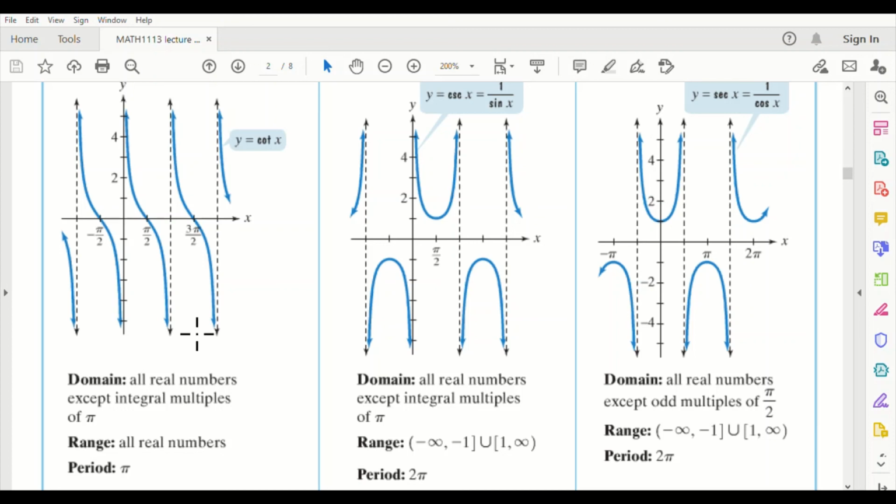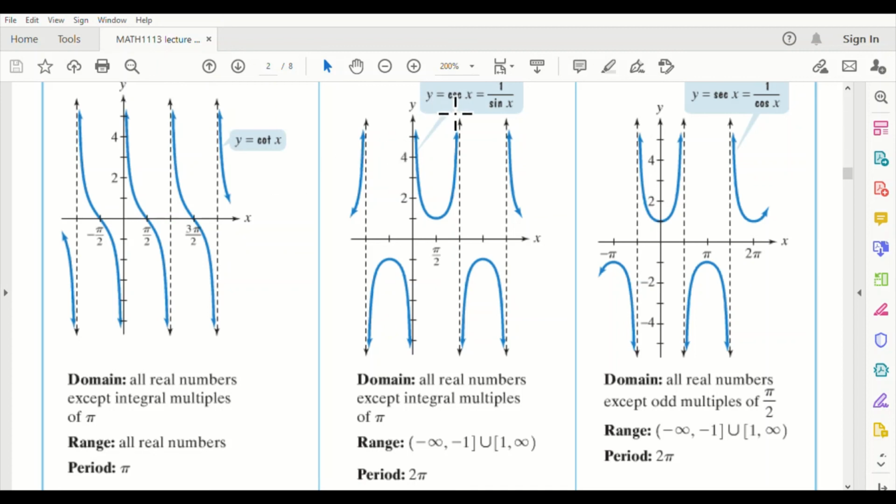Very similar. It's going to have all the real numbers as a domain except multiples of pi, right? So 0 pi, 1 pi, 2 pi. Those are the values where there's a vertical asymptote, and then it's going to kind of skip over those.